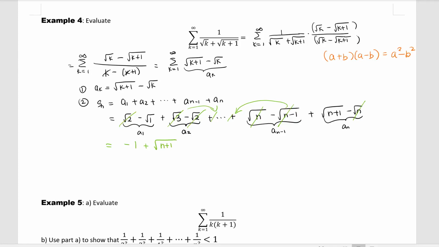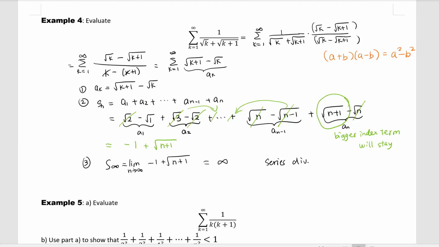Okay, so see, the bigger index term will survive, or will stay here. So that is the second step. And then the last step, S infinity is the limit as n goes to infinity of this guy. When n goes to infinity, what is that? Well, it goes to infinity, so we still have series diverges. Okay, everybody?